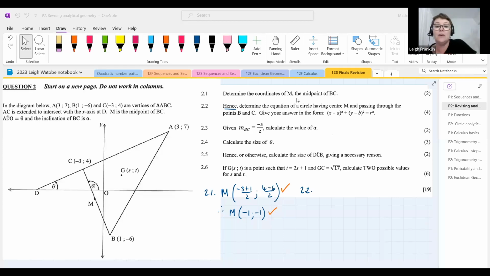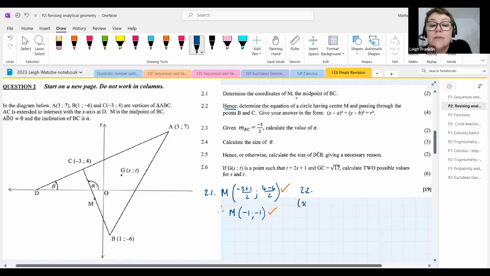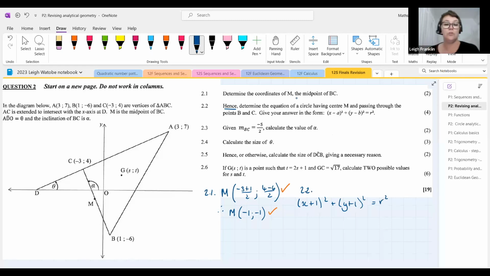All right, lovely. So in other words, I'm going to end up with (x + 1)² + (y + 1)² = r². So I've subbed in the coordinates of M in place of a and b, and this is what I have.